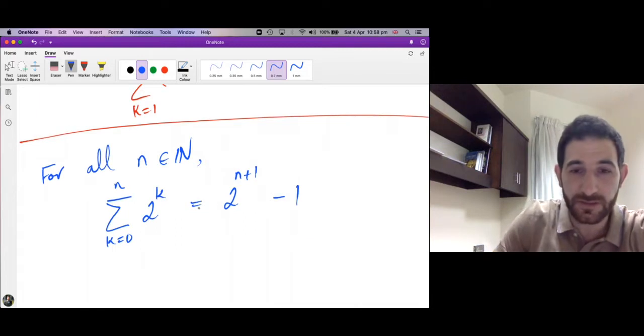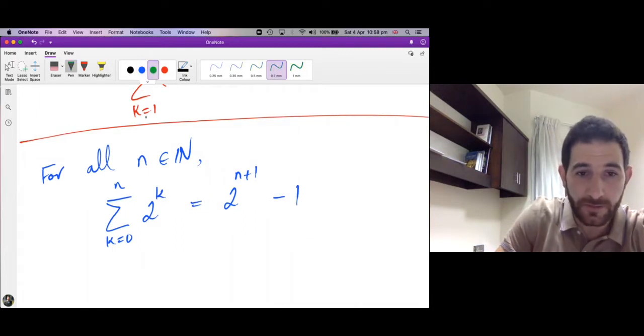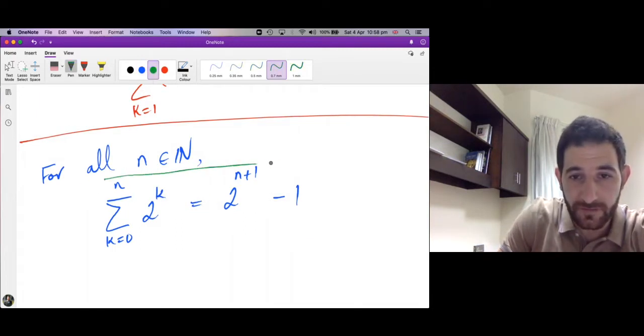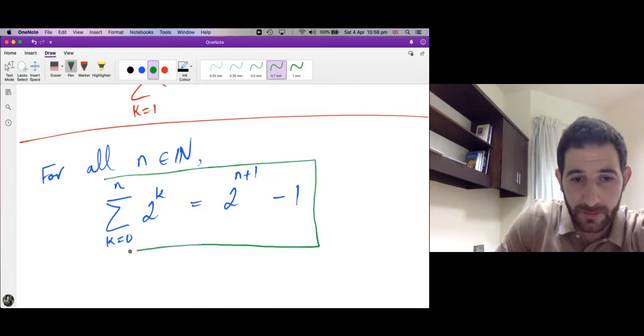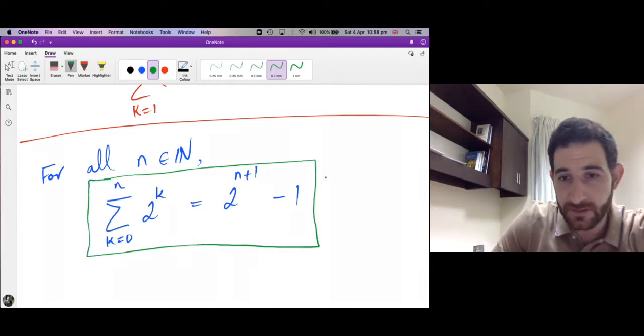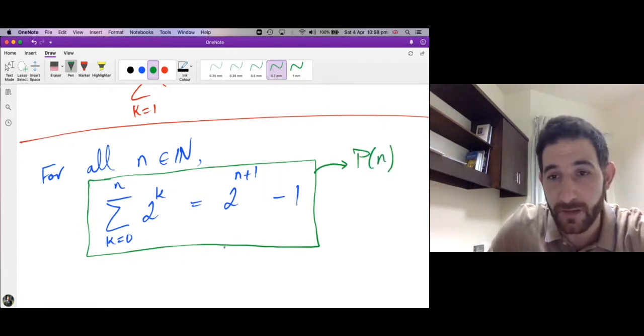Okay, so this is the property. So let me put it in a green frame. This is the property we want to show about a natural number n.